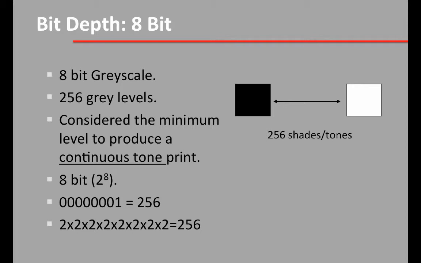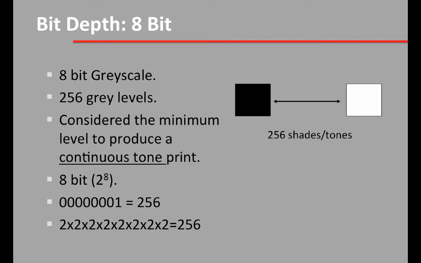What's interesting about 8-bit is that it's considered to be the minimum level to produce continuous tone print. So we're now into the photographic quality, whereas before we were in just line copy or a very crude sort of reproduction of image with only 4 tones. So an 8-bit image has the concept of 256 shades or tone variations within each pixel.